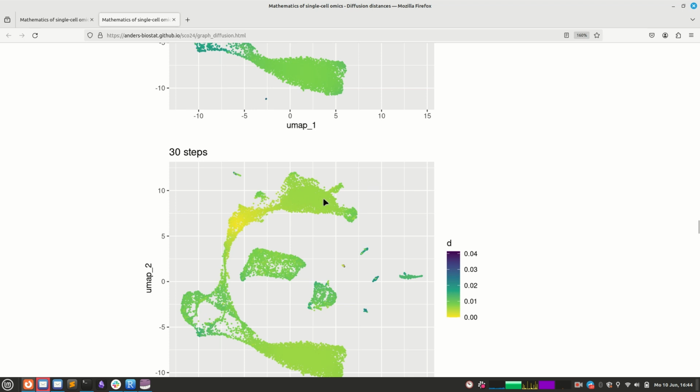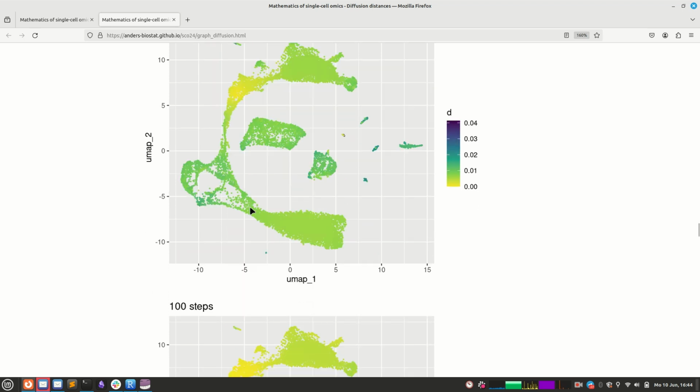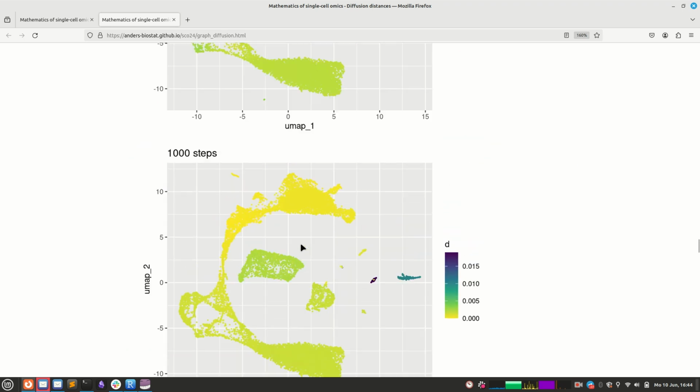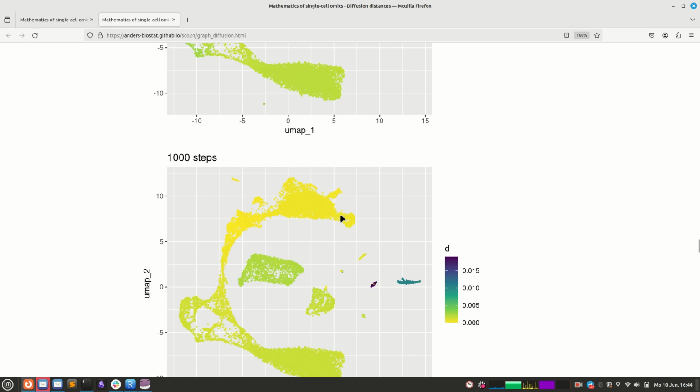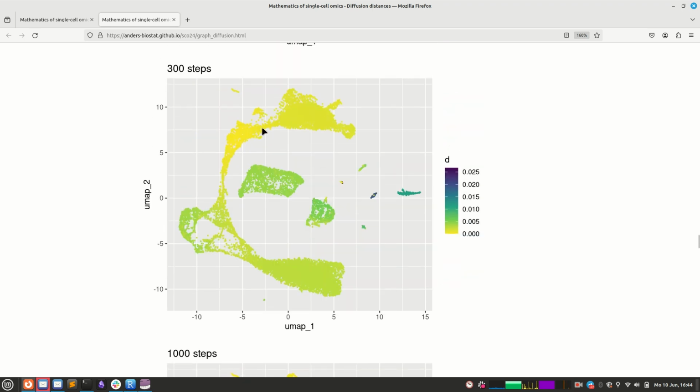And obviously 30 steps seems to be not enough because it doesn't really allow us to see the difference between here and here. 1,000 steps is already too smooth. It makes everything the same pseudotime, and only those things which are really completely disconnected get different. But 300 steps, that might be just the right compromise, where we start here and go through here and over there.